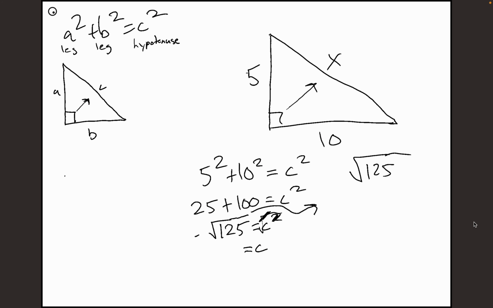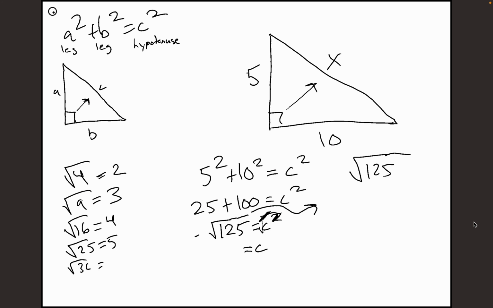Square root of 4 equals 2, square root of 9 equals 3, square root of 16 equals 4, square root of 25 equals 5. You can keep going with 6 and beyond, but you need to know these main four because those are the ones you will most likely use most of the time.